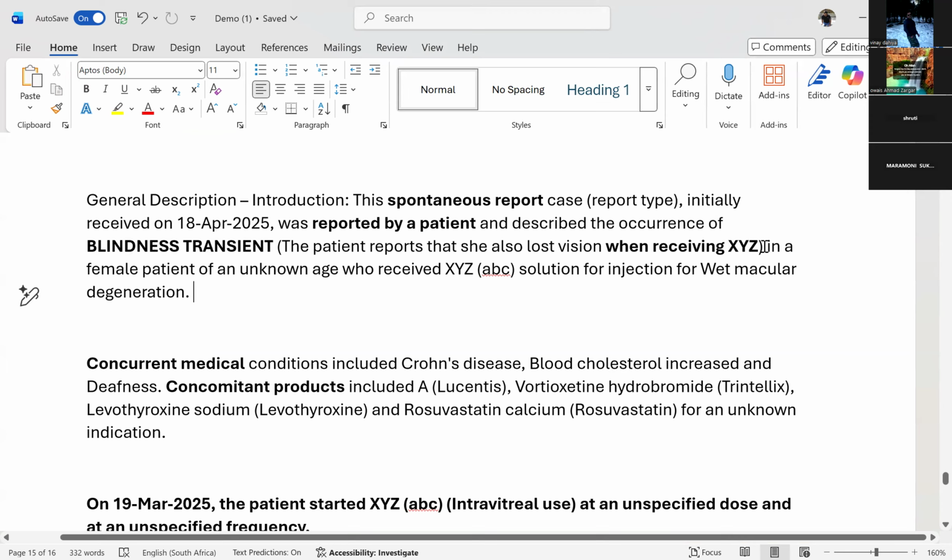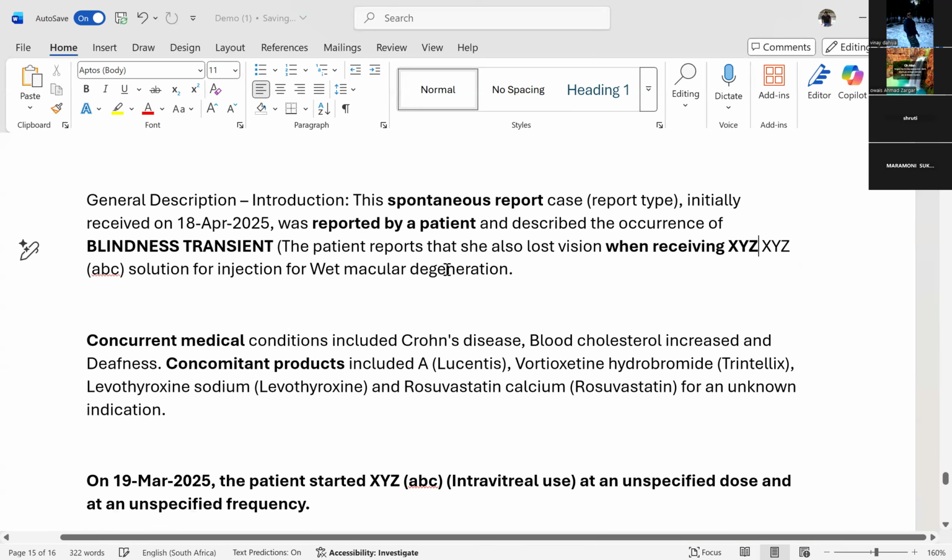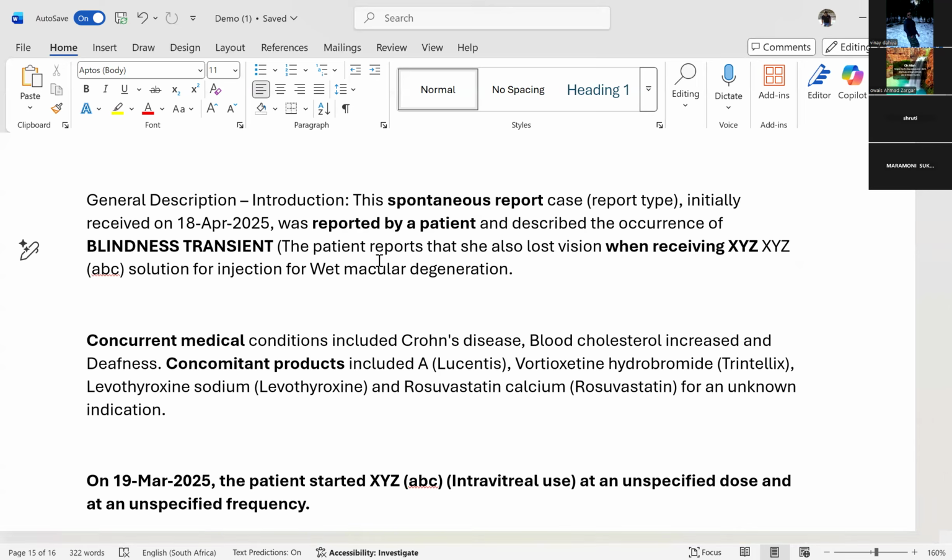And the drug's indication is wet macular degeneration. We can also mention the age of the patient over here, or the gender.